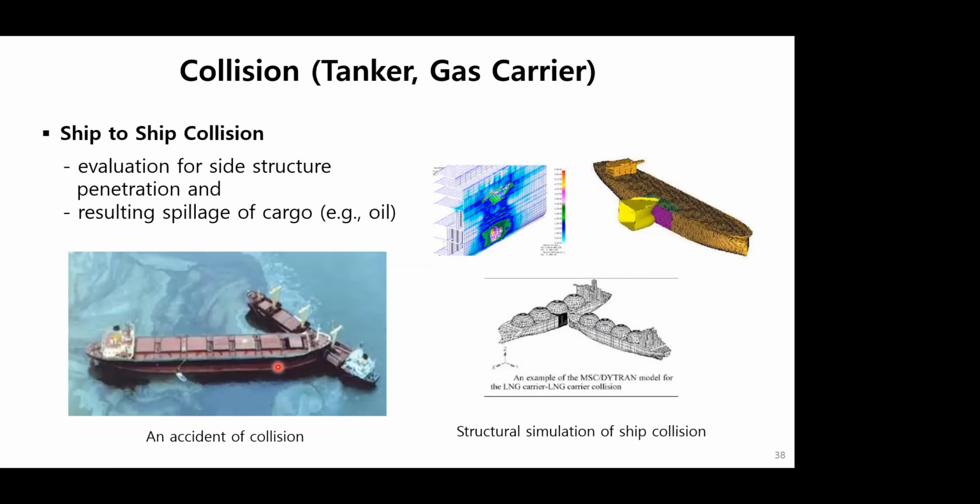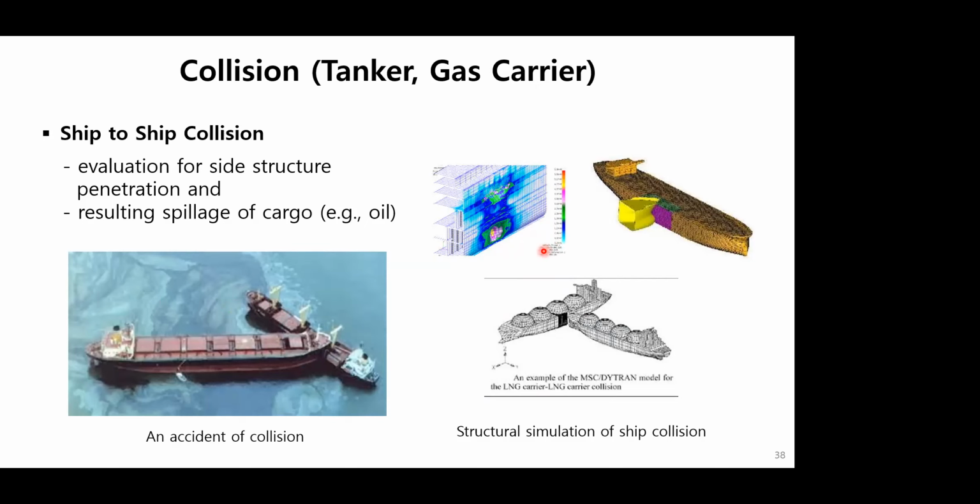So designers need to evaluate the strength of side structure against possible collision force to see if the side structure is penetrated or not when it's collided by another ship.